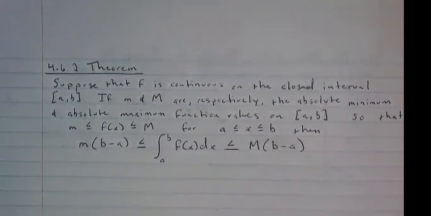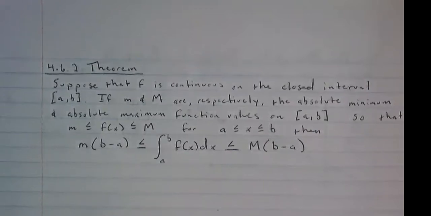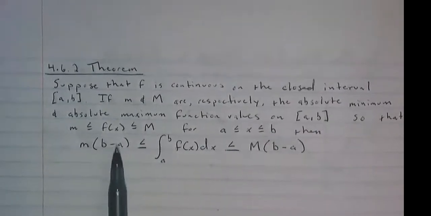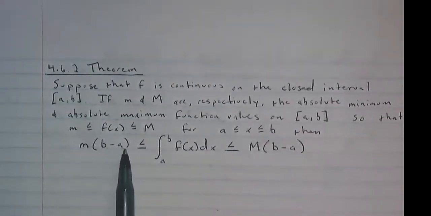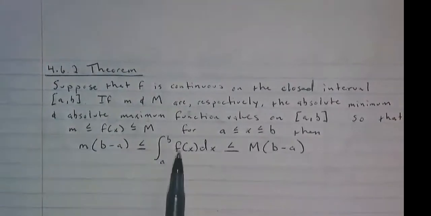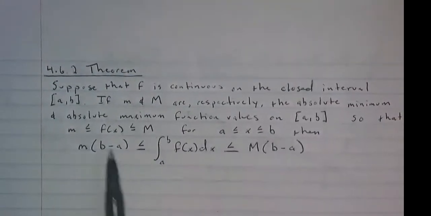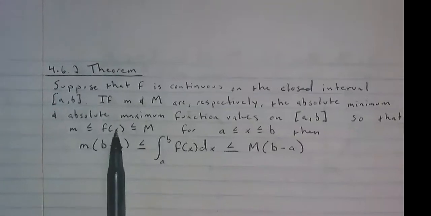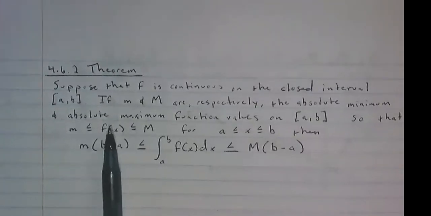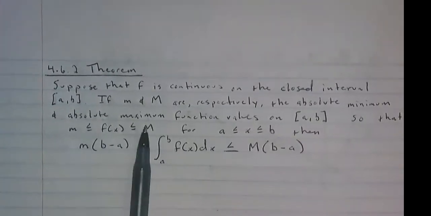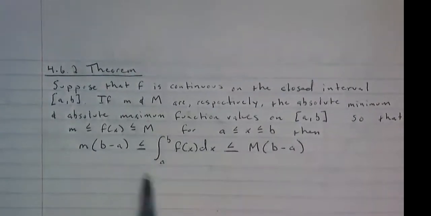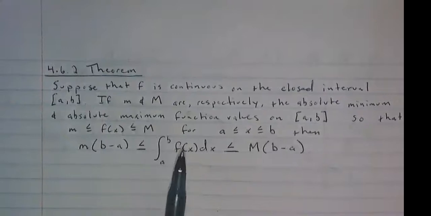So the minimum times b minus a is less than the integral, which in turn is less than the maximum times b minus a. So we've gone from a bounding of the function by these minimum and maximum values to a bounding of this definite integral on this interval. So that's sort of interesting.